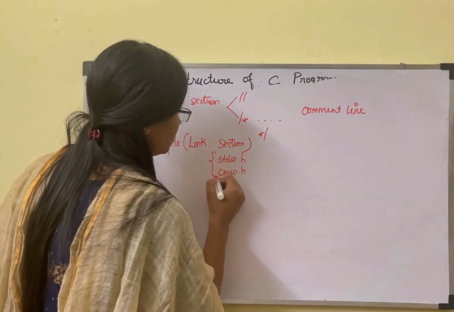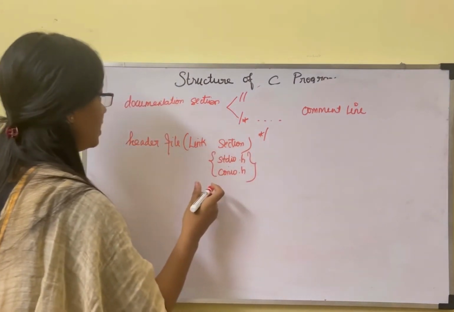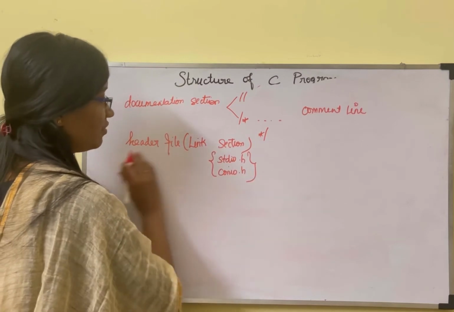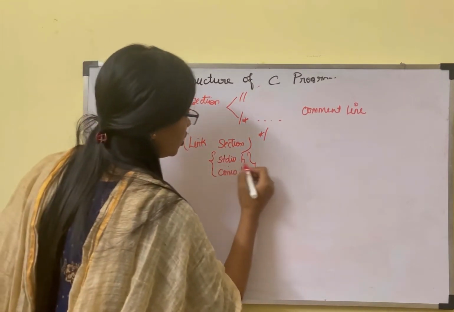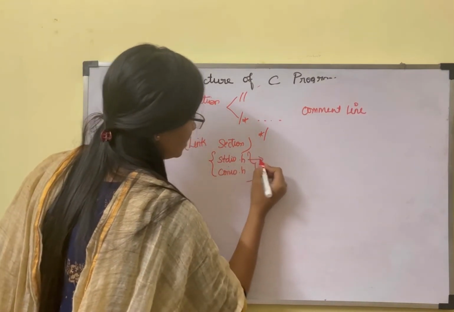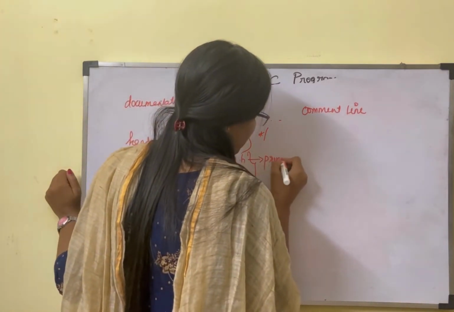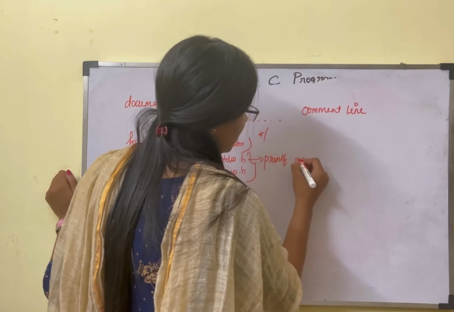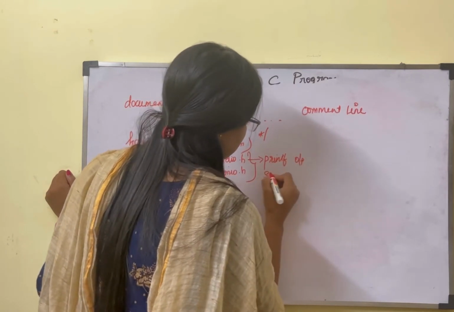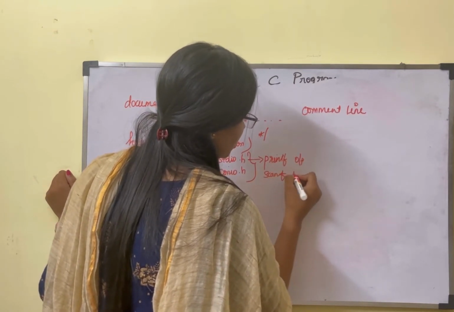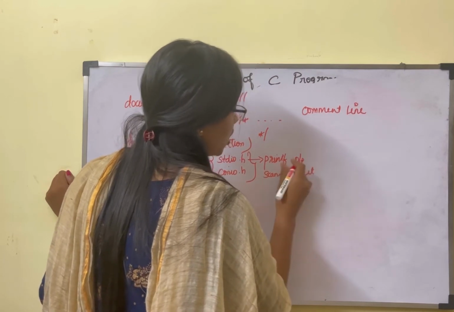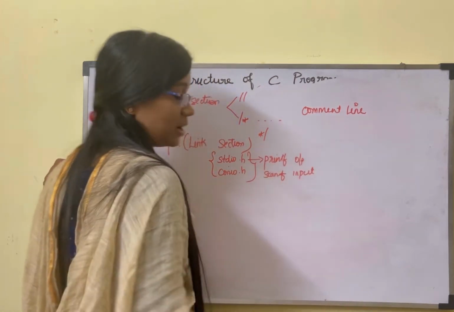So these 2 will be supported only by giving the header file. Stdio.h means standard input output header file. Commonly we will use printf as the output function and scanf for input. And there are a lot of things that we will see in a separate chapter.